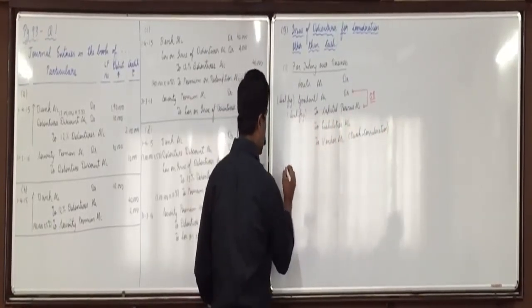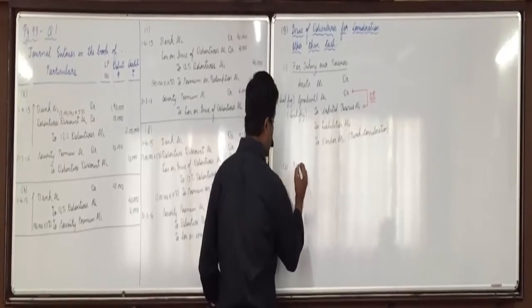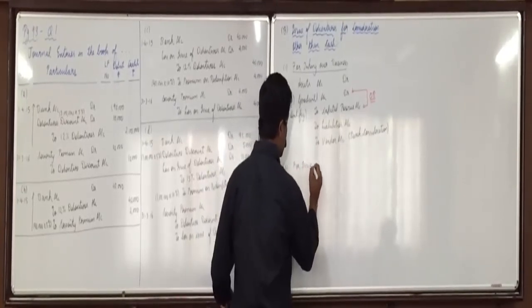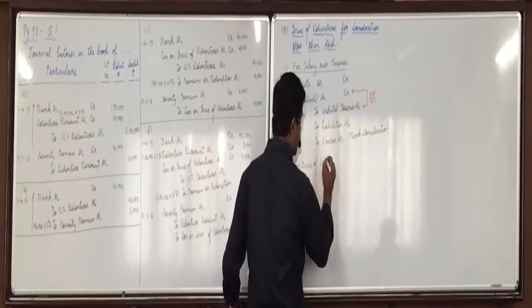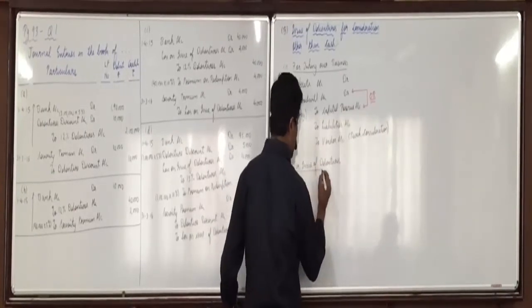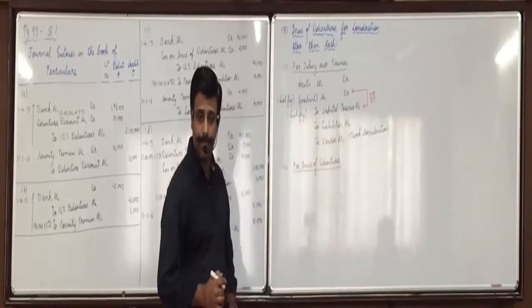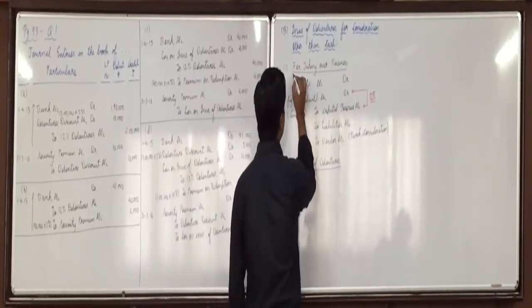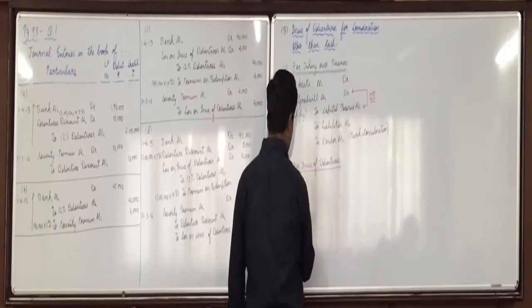Now the second entry is for issue of debentures. Now debentures can be issued at par, premium or discount.